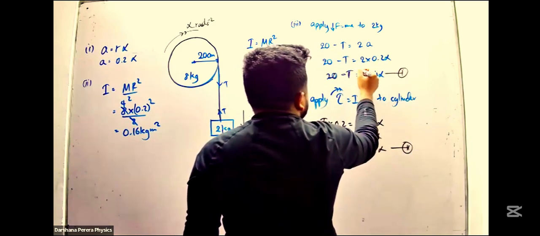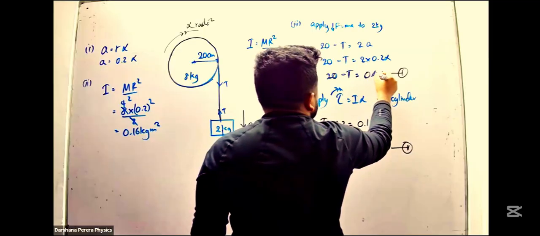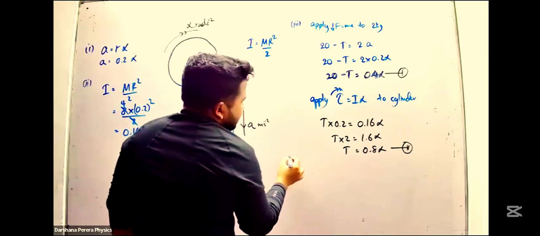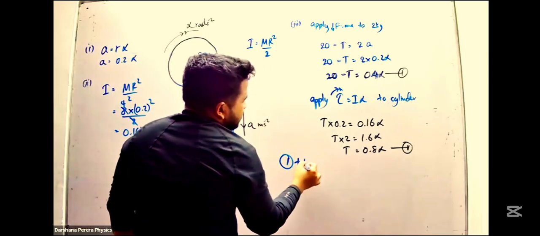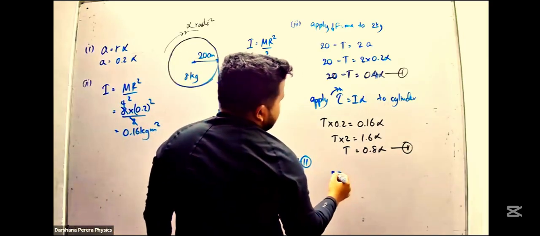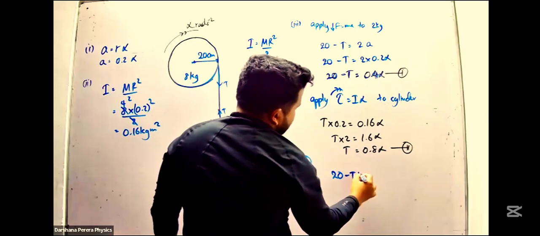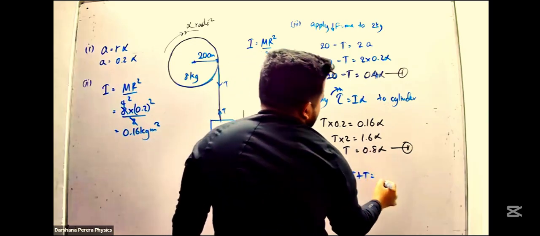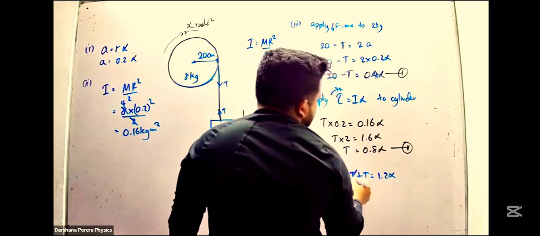This is number 2: 20 minus T equals 0.4 alpha. Therefore, we have to add these two. 1 plus 2. When we add, 20 minus T plus T equals 1.2 alpha.